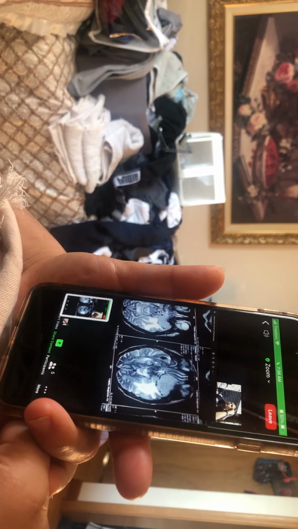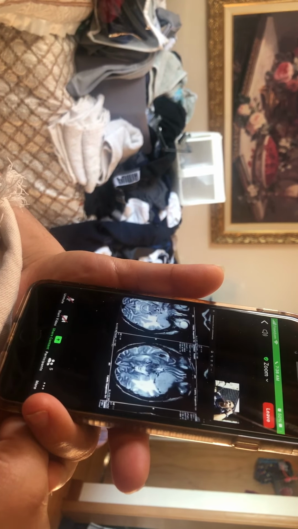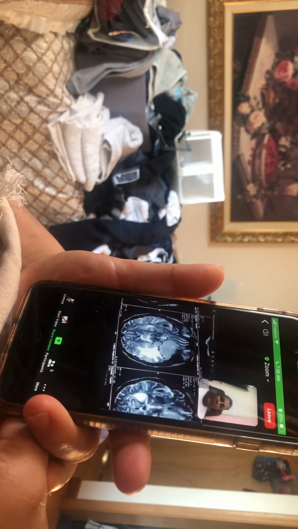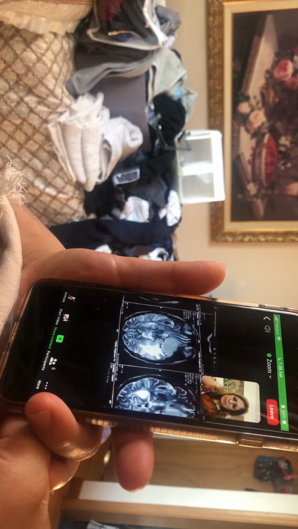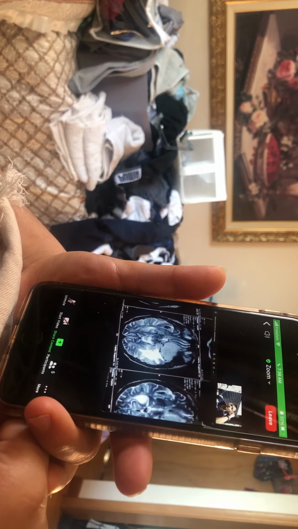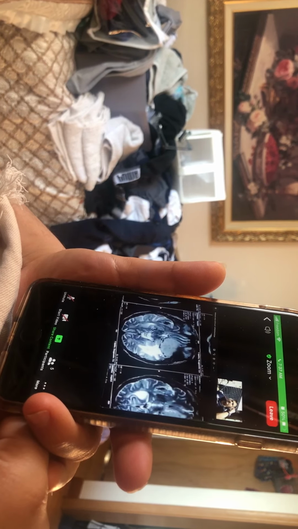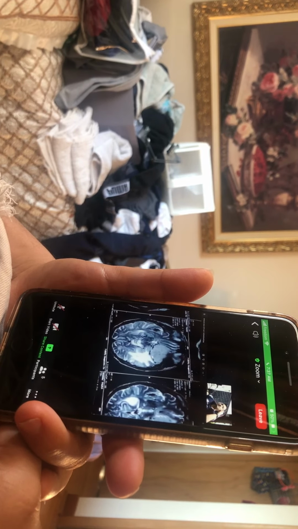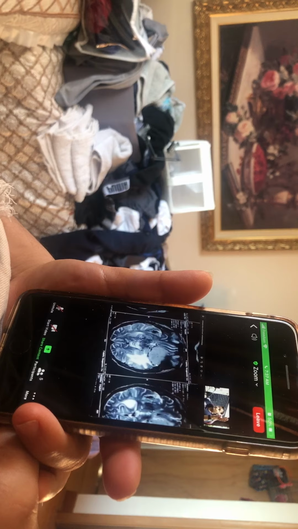We are going above the level of the eyeball, so now you can't see the eyes very well. Here the tumor is pretty big, and you can again see the cloud formation in the brain. This is brain swelling, the brain's reaction, brain edema, which has appeared because of irritation caused by the tumor.